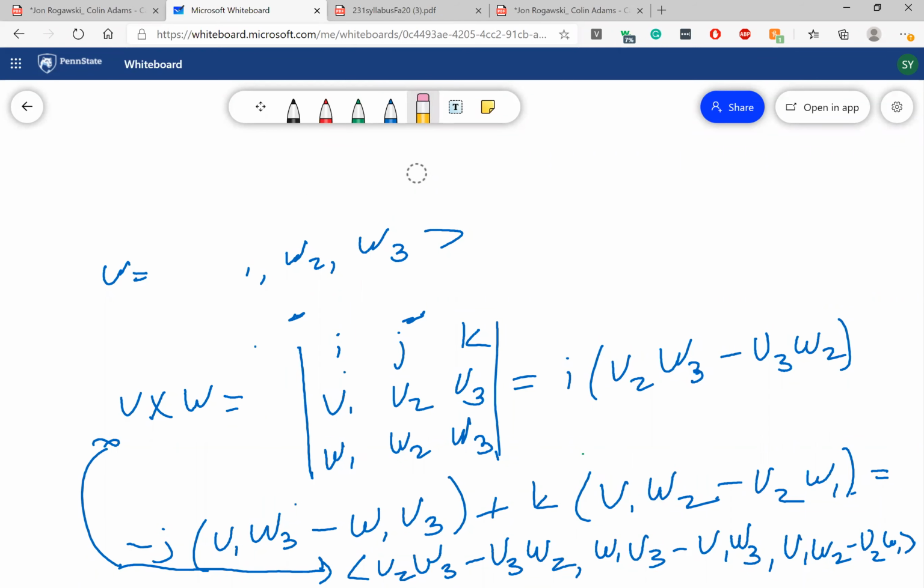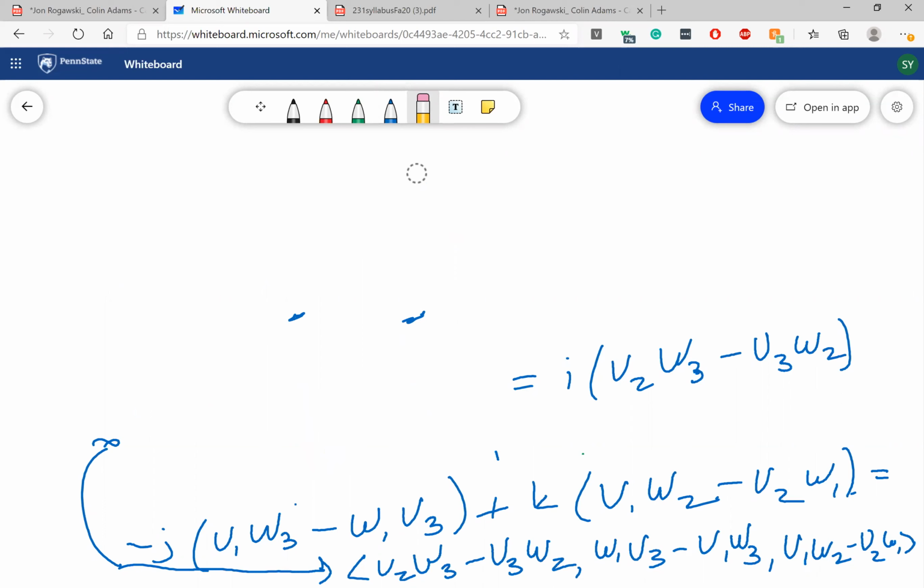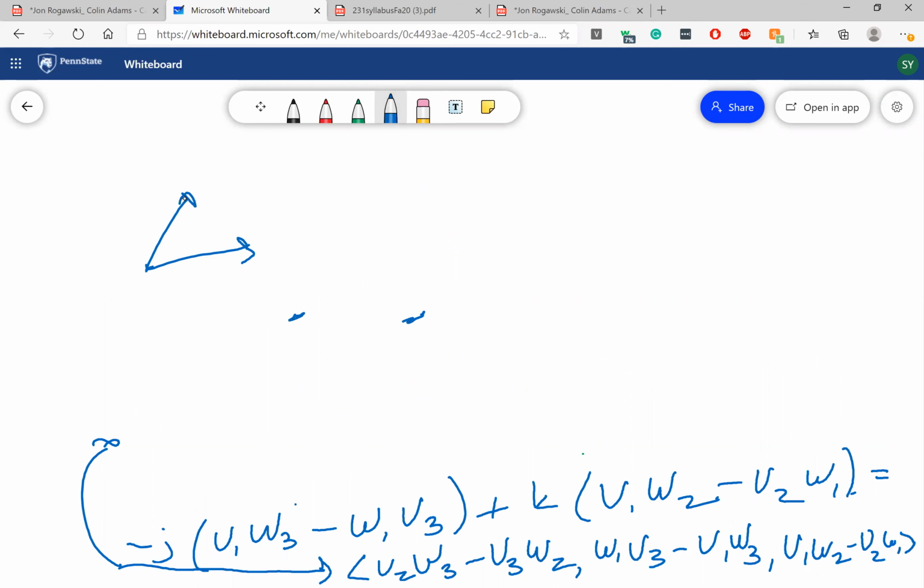So now there are a couple of important questions to think about. And the first one is, why is it that this gives us the orthogonal vector to both v and w? Because like I said, the most important part about the cross product is that if you have v and w, the cross product gives you the vector orthogonal to them. So the question is why is this?